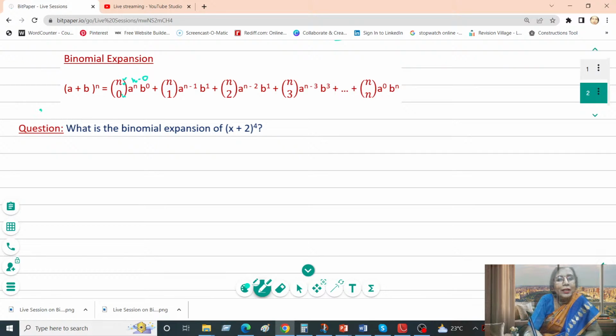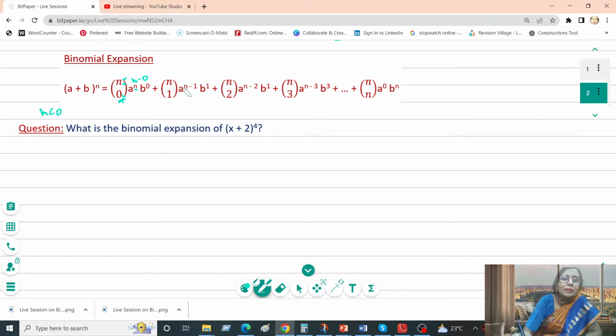If you write this as nC0, it will be the left term minus the right term. Whatever way you write, it is n minus r actually. Okay. So it is n minus 0, which is giving the power of a as n, and the power of b is simply the value of this lower number.